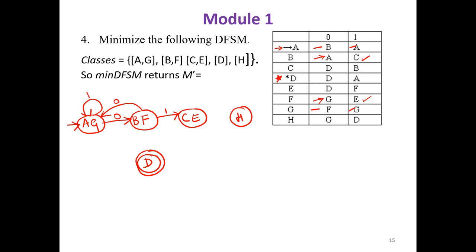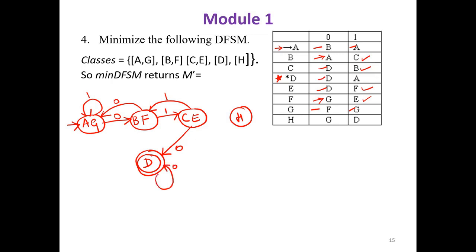They cannot deviate. Then only your minimized DFSM is correct. Next, coming to CE. C0 is going to D, E0 is going to D. So CE for 0 is going to D. Next, C1 is going to B, E1 is going to F. CE for 1 is going to BF. Next, D0 is taking a self loop.